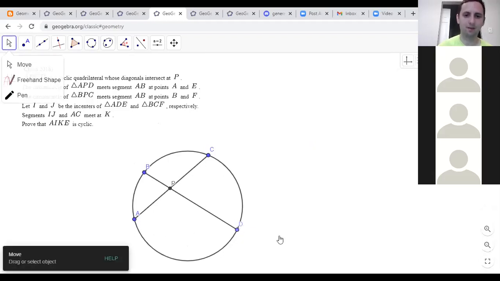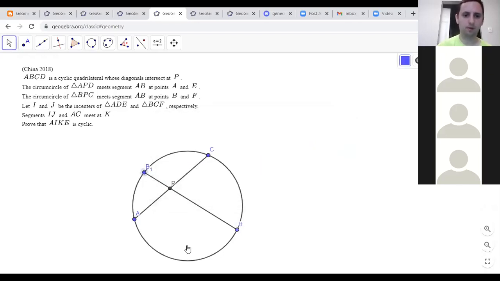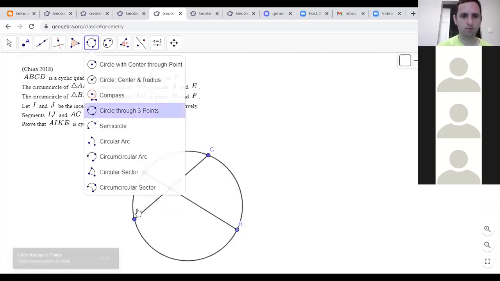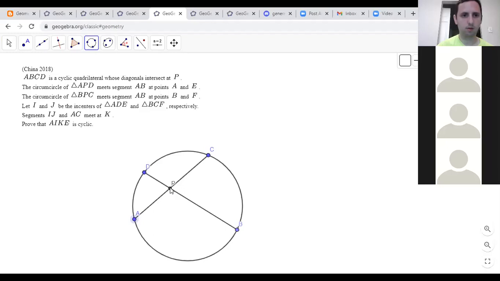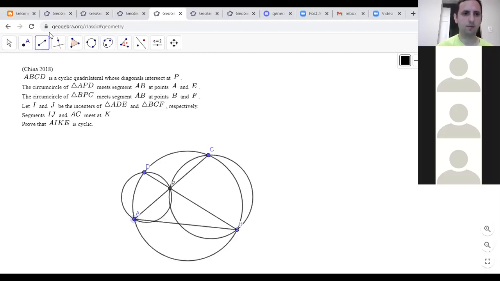Okay. So this is B. This is D. And we draw some circles. Okay. And we call this E and F. I've got to draw these again.